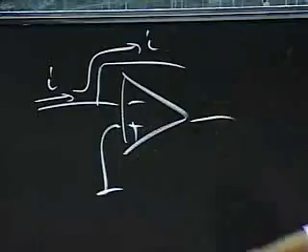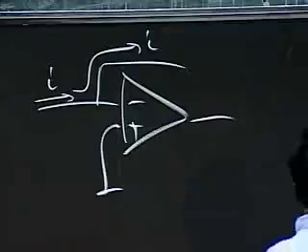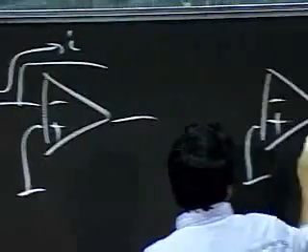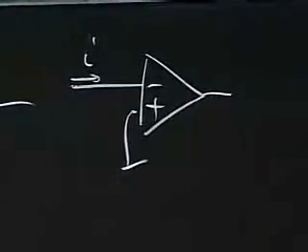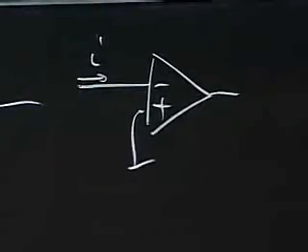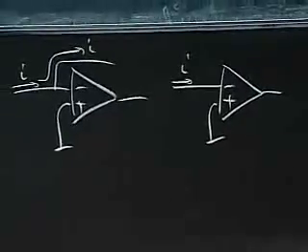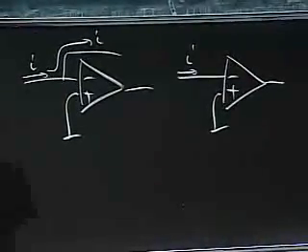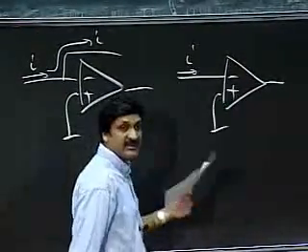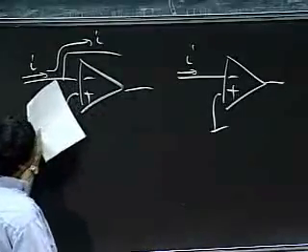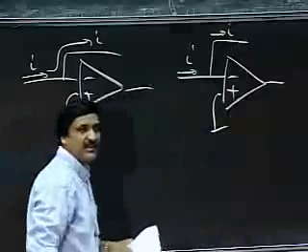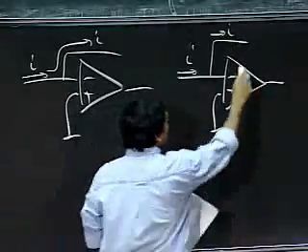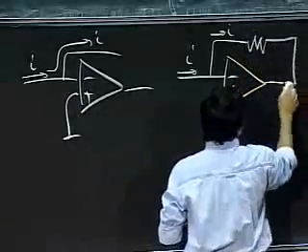So given this trick, my goal here is how do I convert a current to a voltage? I have a current I coming in here, and I know this current must come out here. So all I have to do is stick a resistor in there.